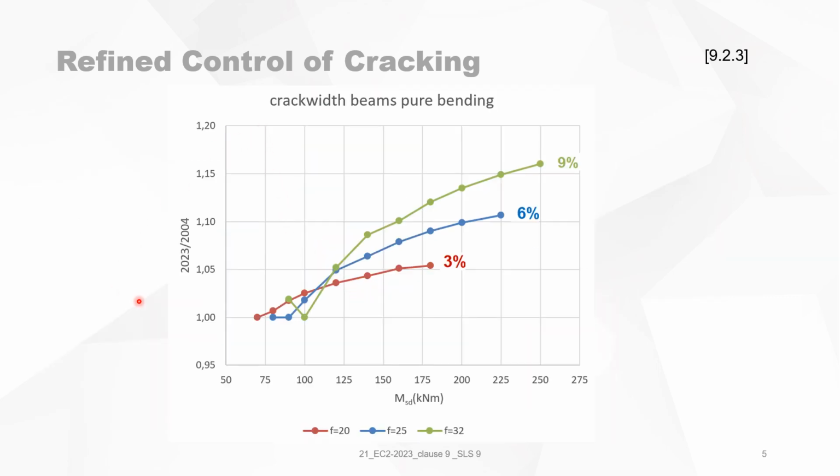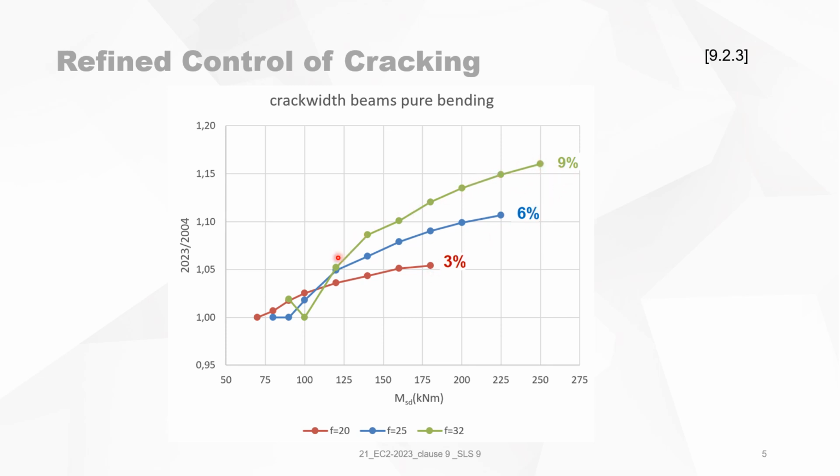You can rearrange the data, and on the y-axis now we will have the ratio of the value of 2023 divided by the one of 2004. It gives you more idea how big this increase is. For the different reinforcements, 3 diameters 20, 3 diameters 25, or 3 diameters 32, you will have an increase of 9, 6, and 3%.